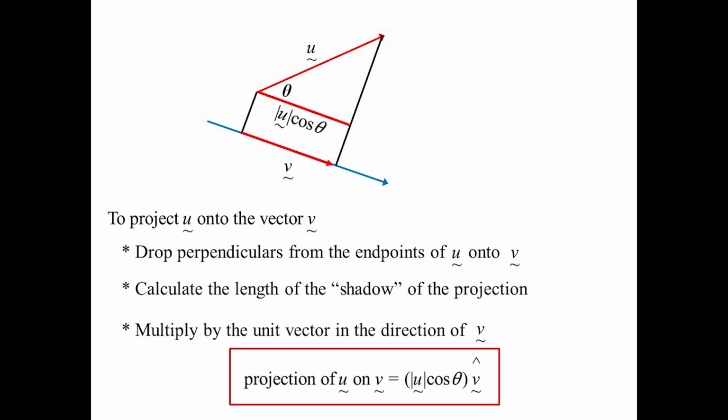And then we simply multiply it by the unit vector in the direction of v. So when we dropped it to the horizontal, we multiplied it by i. That was the unit vector in the direction of i. Well, the unit vector in the direction of v is not as simple as just saying times v. You remember, it's v with a caret on the top. So the projection of u on v is magnitude of u cos theta times the unit vector in the direction of v.